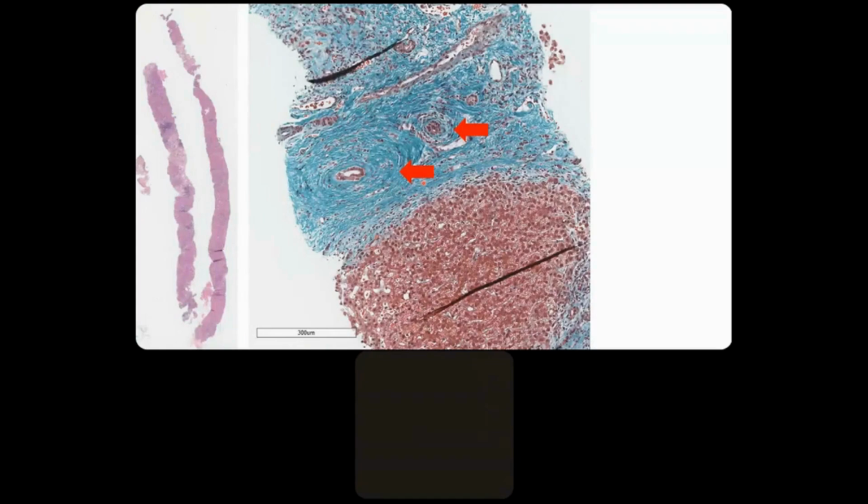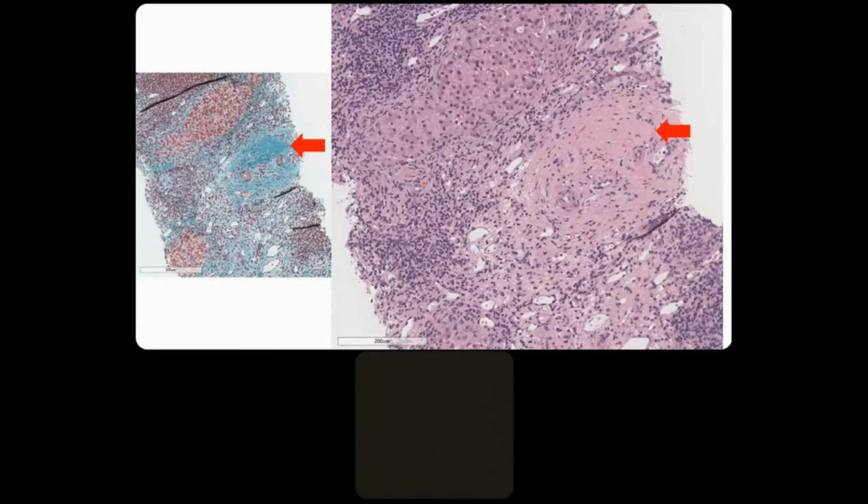These foci of periductal concentric fibrosis can be nicely highlighted on the trichrome stain as shown in this biopsy. And if you look closely and get lucky, you can also sometimes see these fibrous scars, which are completely replacing a lost bile duct, which is a very classic feature of primary or secondary sclerosing cholangitis.